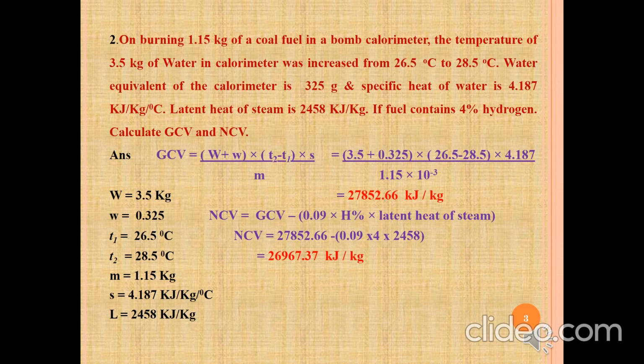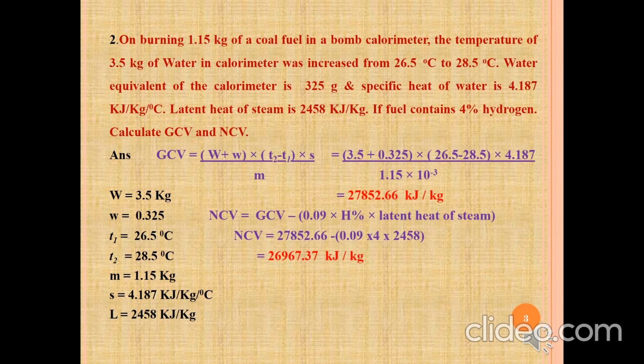Water equivalent of calorimeter is 325 gram and specific heat of water is 4.187 kilojoules per kg per degree Celsius. Latent heat of steam is 2458 kilojoules per kg. If the fuel contains 4% hydrogen, calculate GCV and NCV.